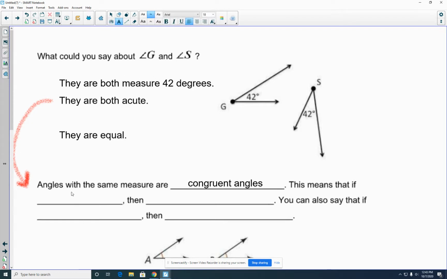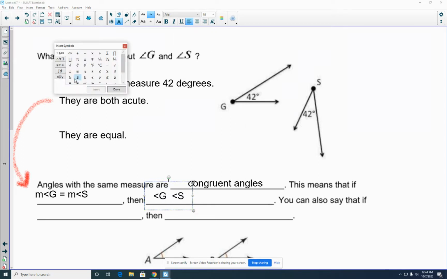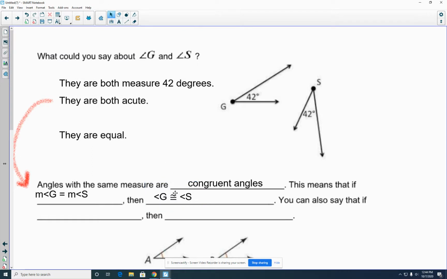So if the measure of angle G equals the measure of angle F, then if they're the same measure, they're congruent. So angle G would be congruent to angle F. Remember, the congruent symbol is that equal sign with a little squiggly on top. And there we have it.